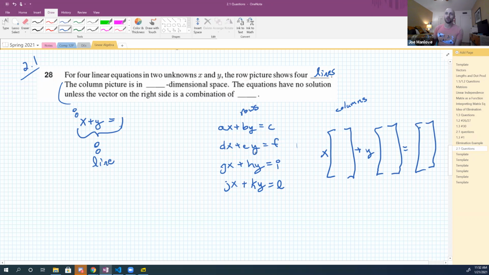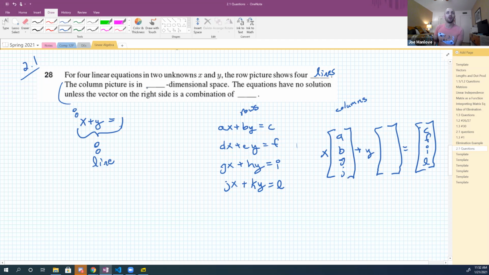So what are the coefficients on x's here? A, D, G, J. Perfect. And then similar for y and similar for, so this one's C, F, I, L, or whatever. Right?